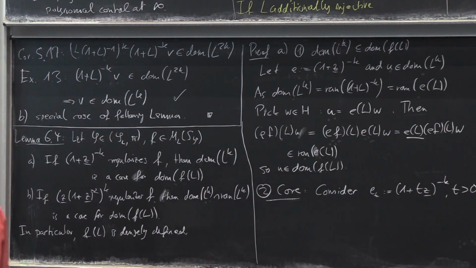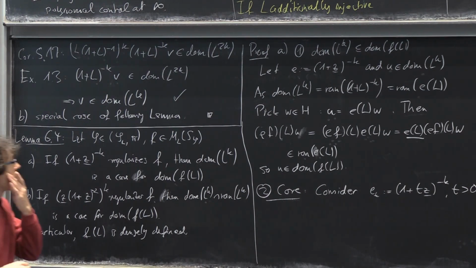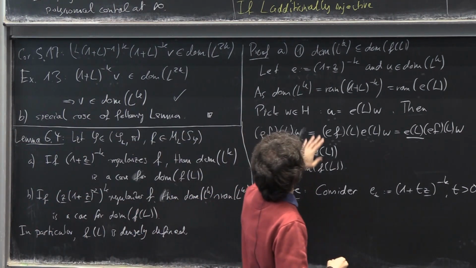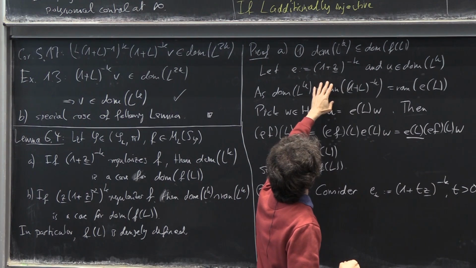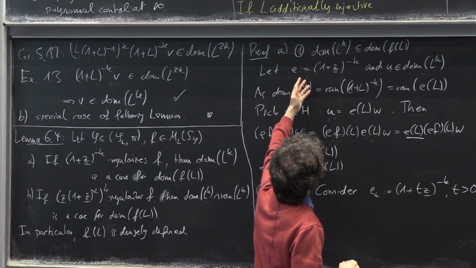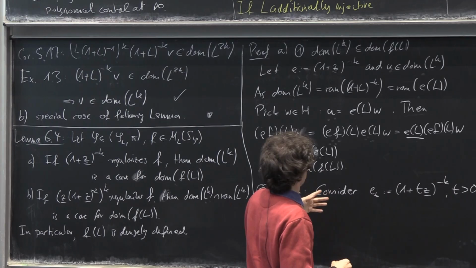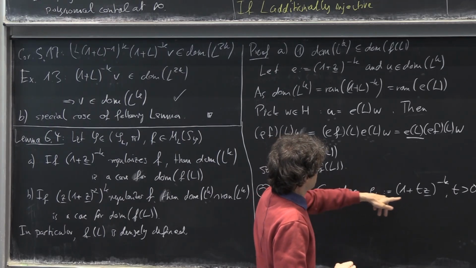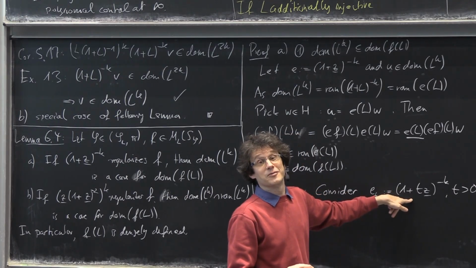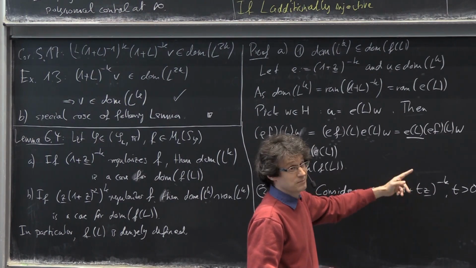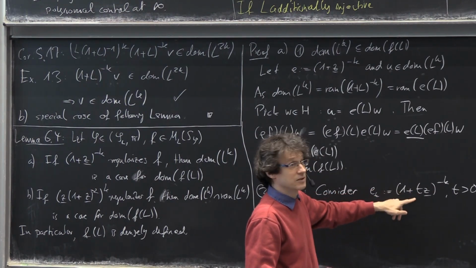What is the idea? Why do I do this? Because this regularizer is nice because it puts us into the domain of L to the k. And so this also puts us in the domain of L to the k. This is just a factor times a resolvent.